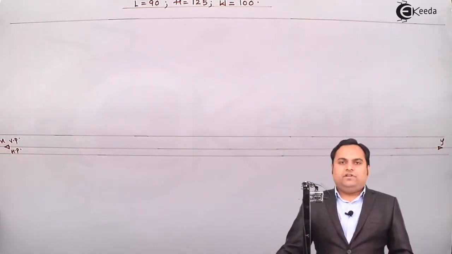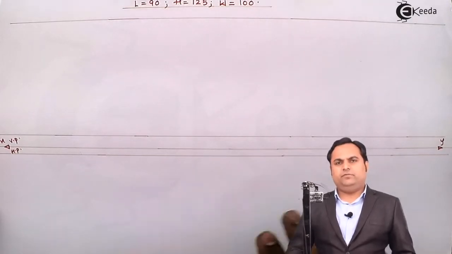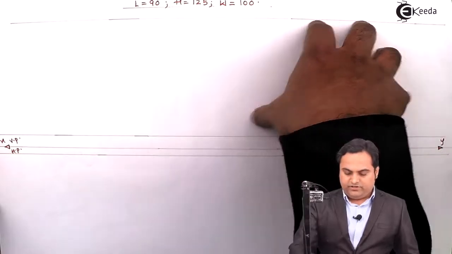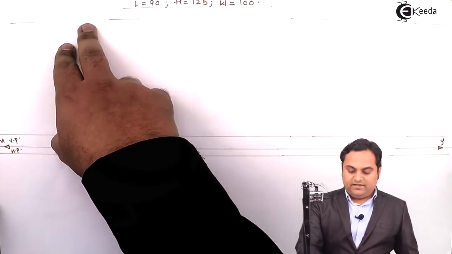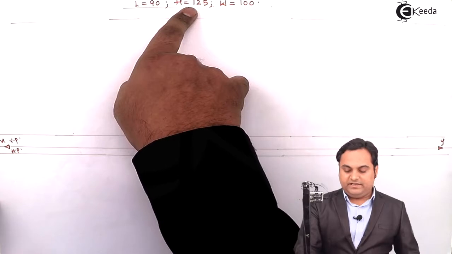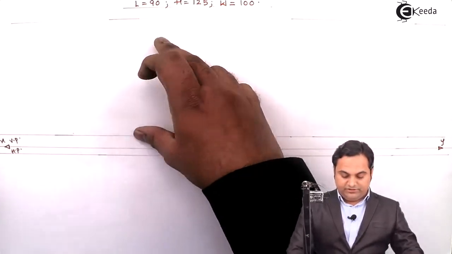Here in this question, we have to draw the left hand side view, and by first angle method of projection, it will be drawn on right side. So if the side view is on right, front view should be on left. And in the front, the length and height are visible. So length is 90, height is 125. That 125 height I have already taken.